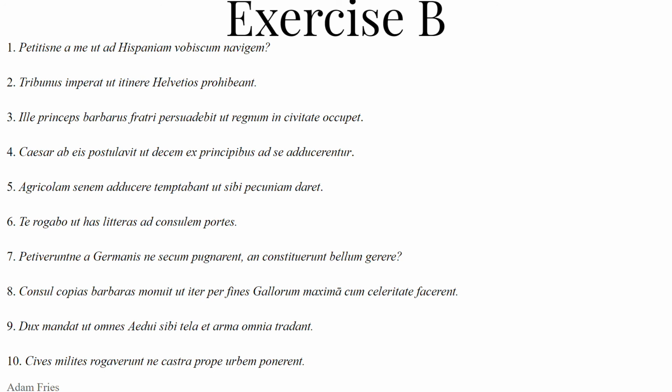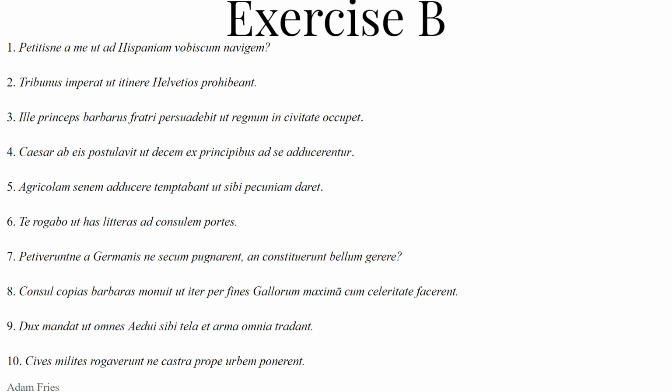Don't do this thing. Ne, the negative, castra is castra, castrorum, neuter plural, camp, either nominative or accusative. Prope, preposition meaning nearby, takes the accusative, that explains urbem, the accusative of urbs, urbis, feminine, city, and ponerent is pono, ponere, posui, positus. It is third person plural, imperfect subjunctive active.